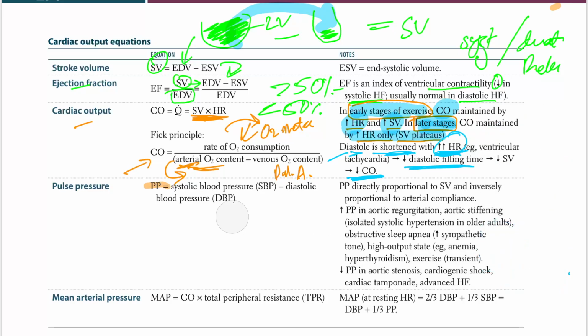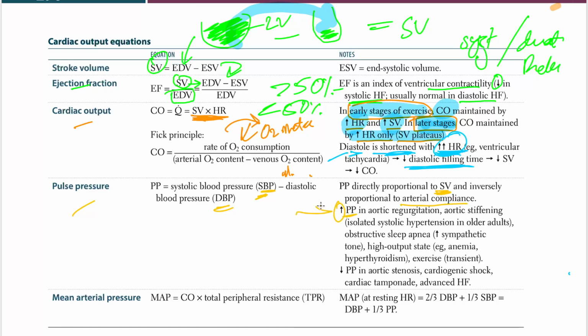Moving on with the pulse pressure. What is pulse pressure? PP, pulse pressure, equals systolic blood pressure minus diastolic blood pressure. Two things, right? Pulse pressure is directly proportional to stroke volume and inversely proportional to arterial compliance. Increase in pulse pressure in aortic regurg.